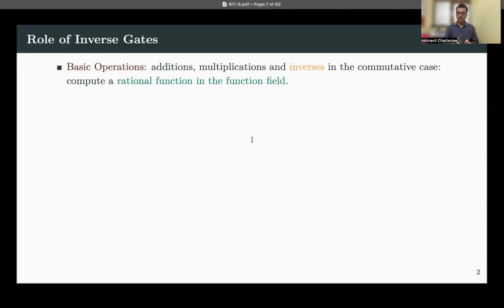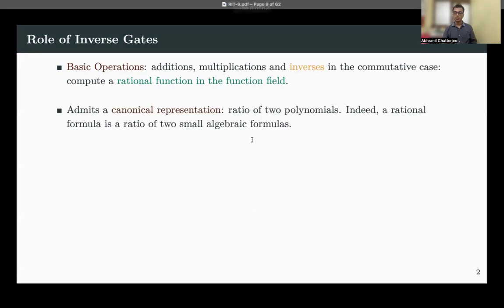In general, in arithmetic circuit complexity, we use additions and multiplications as basic arithmetic operations to compute a multivariate polynomial. If you allow inverse gates in the commutative case, it now computes a rational function. As you know, a rational function can be expressed as a ratio of two commutative polynomials. It admits a canonical representation.